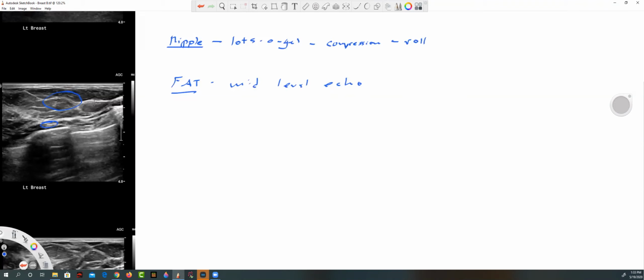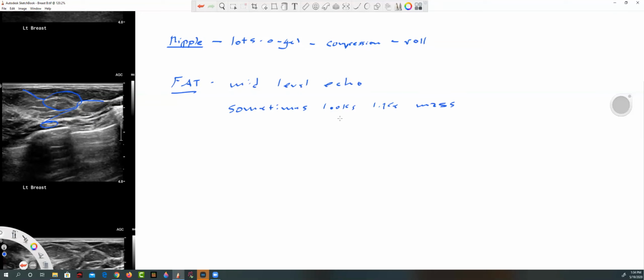Cooper's ligaments. We will see Cooper's ligaments kind of encasing and surrounding the fat, and that can sometimes look like a mass. And I would even say more than sometimes. Very often when you're scanning through a lot of fat lobules, they almost look like ocean waves. And every once in a while, one looks different than all the others, and it stops you in your tracks, because that's your job, to look for anything unusual.